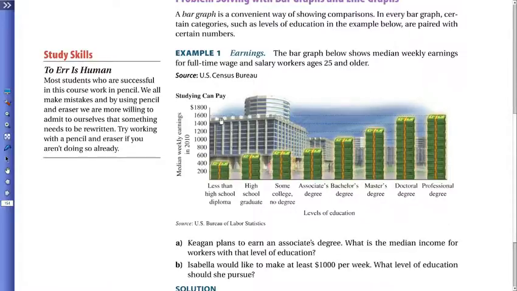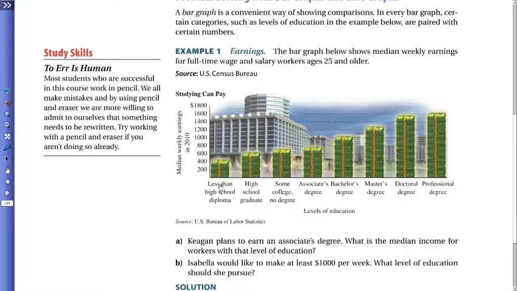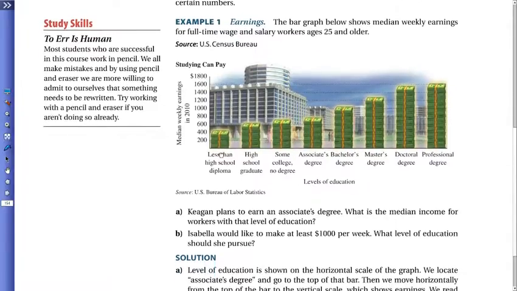So if I have $400 a week for less than a high school diploma, that means $400 a week is in the middle of all the different salaries in the data they got from people age 25 or older with less than a high school degree.